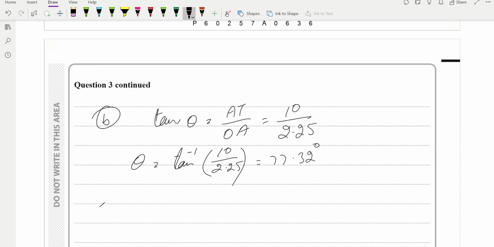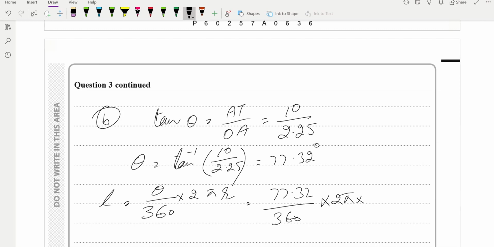And now the length is equal to what? We know the formula: theta over 360 into 2 pi r. So theta is 77.32 over 360, and this will be multiplied by 2 pi multiplied by the radius, which is 2.25.